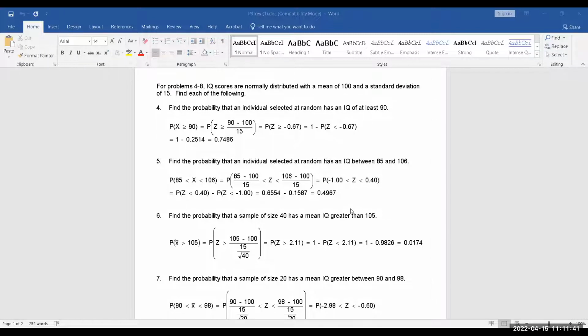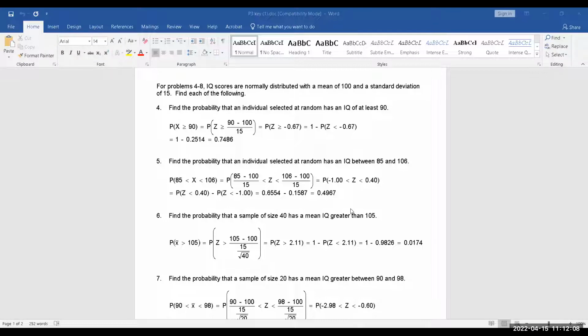I give you a situation where we know the population mean and the population standard deviation, and we're asking what is the probability of the following outcomes? Not the probability of the following z-scores. That means we have to convert to a z-score. So how do you convert to a z-score? It's always the same way: score minus mean divided by standard deviation. In this case, I said, what's the probability that we're at least 90?